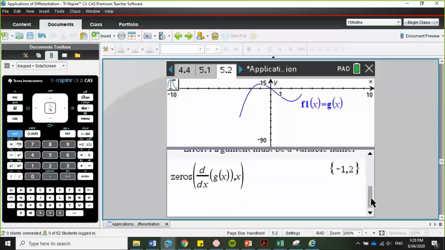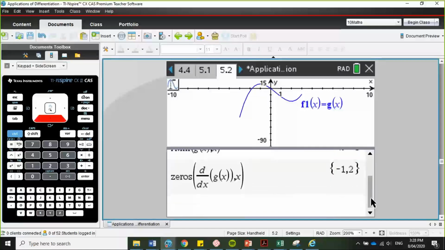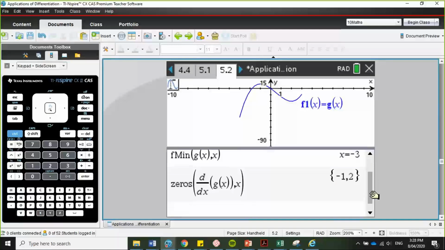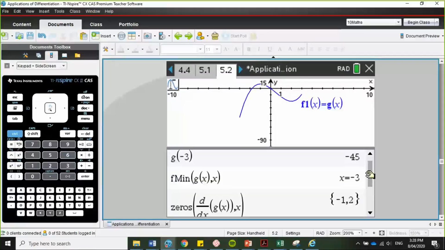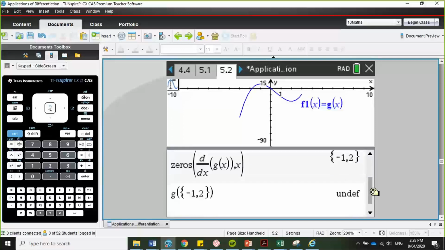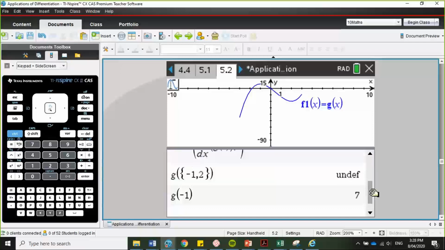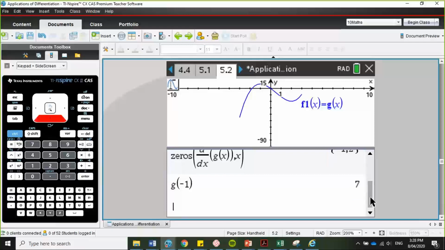And what we can see is that we have stationary points at -1 and 2. And to find the coordinates of those points, you can do g bracket and sub in the set. Oh, it's not liking that at all. Sorry, do them separately. There we go. Beautiful. g(-1) and g(2) separately, and we can find our coordinates.